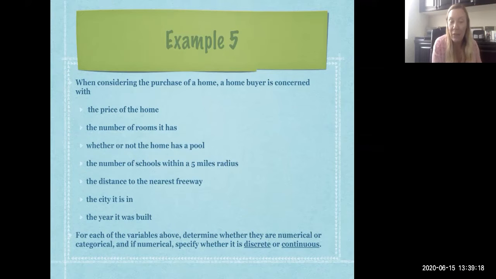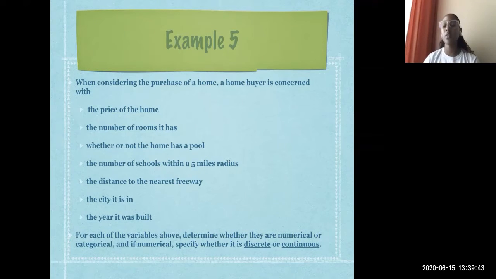If you take a different perspective, how many years old is the house? If it was built 5 years ago or 10 years ago and so forth. And because it's just talking about the year it was built, since it's numerical, would it be continuous or discrete?